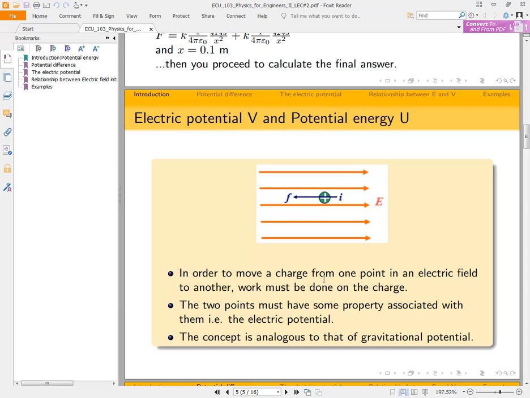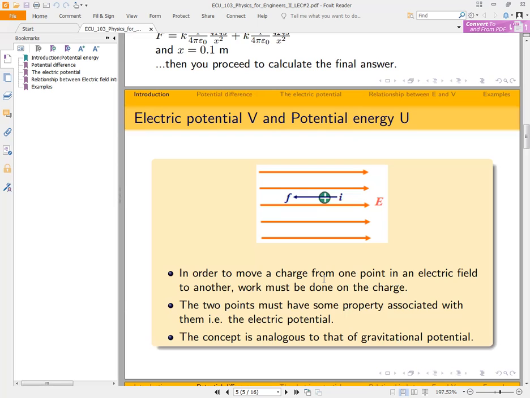When the charge is just at a fixed position within the electric field, we say that particular point has an electric potential, which can be calculated. So when it moves from one point to the other, it moves between two points that have different electric potential.